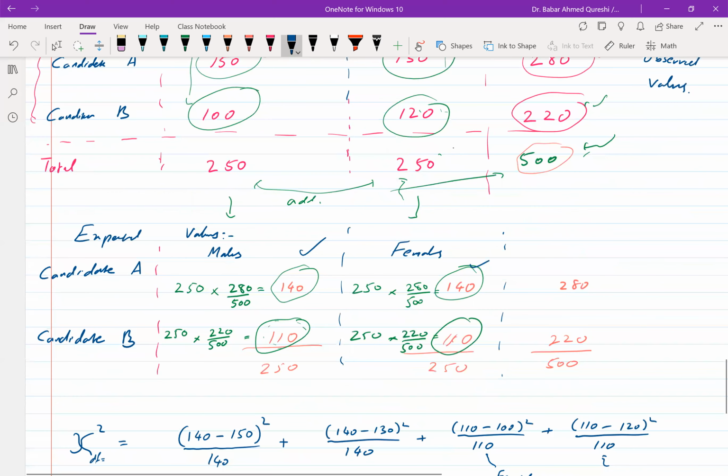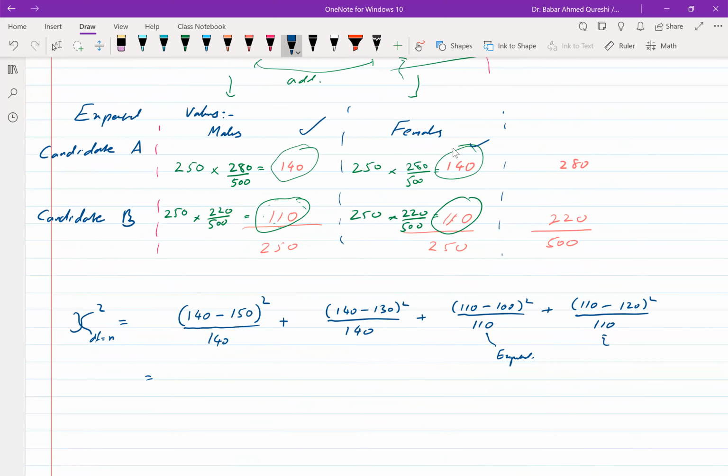So essentially you are doing r minus 1 times s minus 1, where r is the number of categories in the set A and s is the number of categories in set B. In this case, that gives me just 1, chi-square of 1.